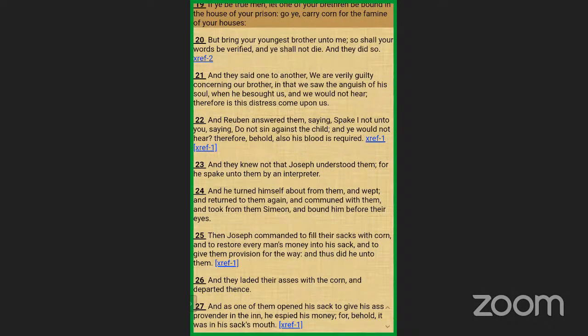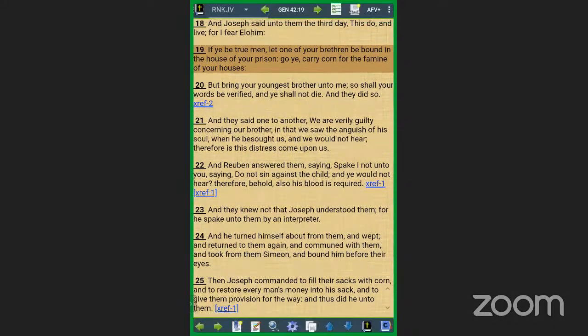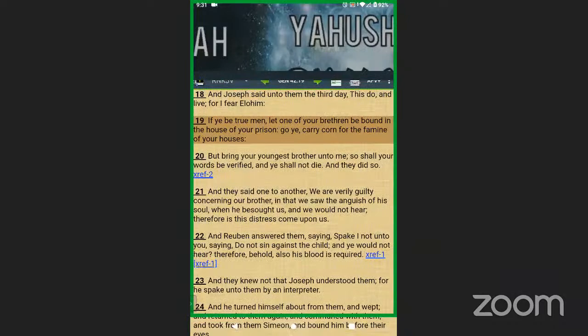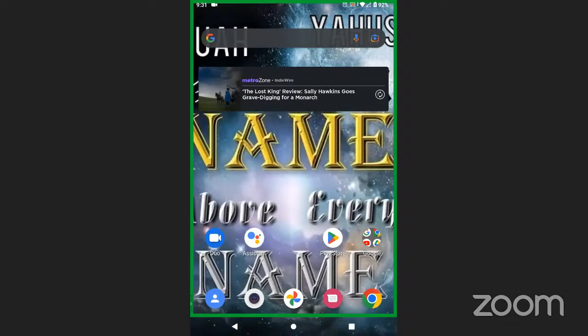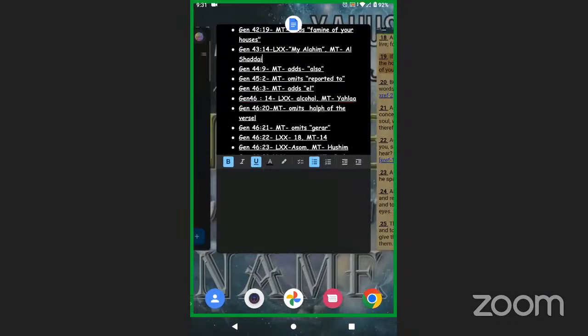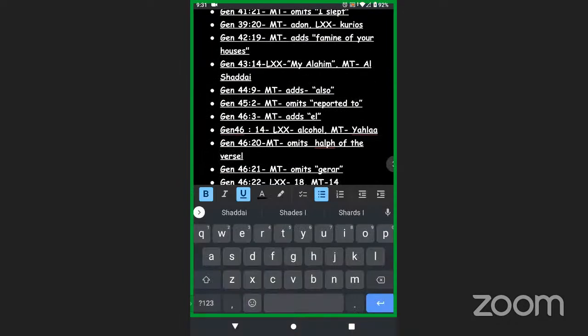So it seems like peaceable is omitted there in Genesis 42 verse 19. Oh, and also the Masoretic text adds famine of your houses.